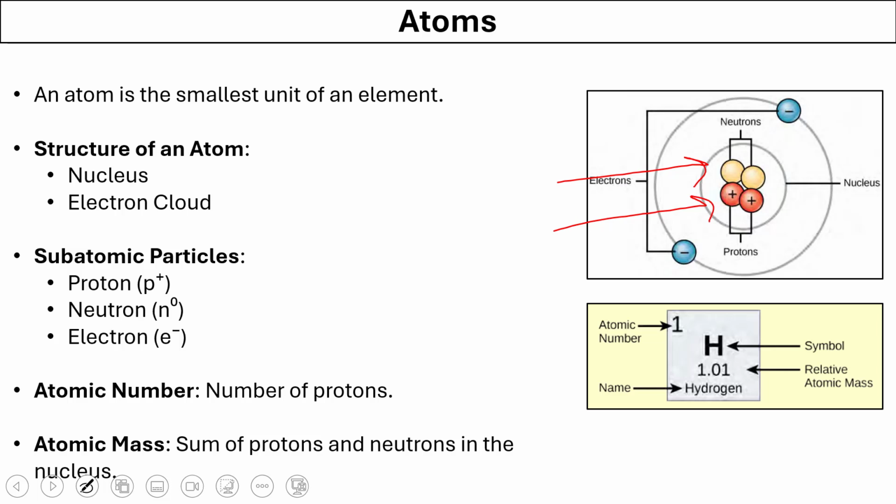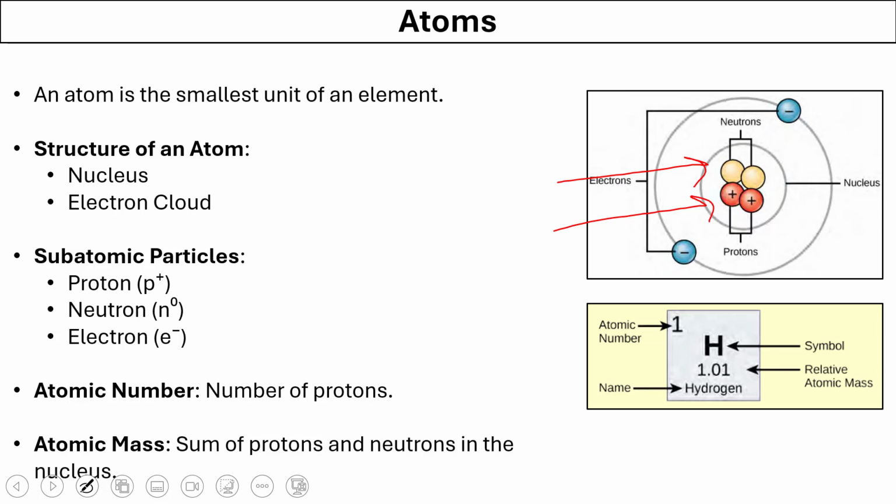These electrons are mainly responsible for the chemical properties of an atom. If an atom is able to lose or gain an electron, that actually defines how they are going to react with other atoms or other elements. So in short, there are three main subatomic particles of an atom, which are proton, neutron, and electrons.